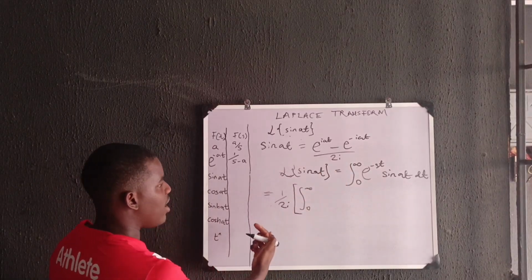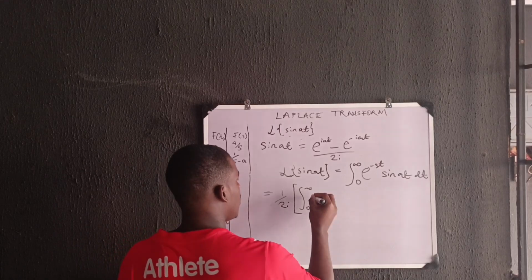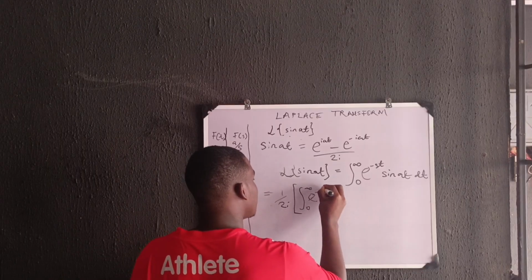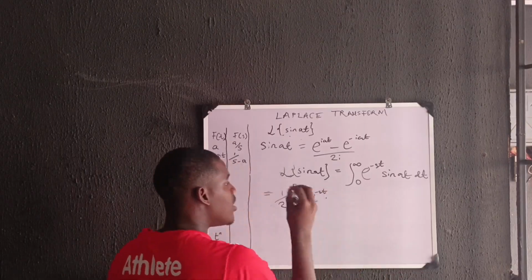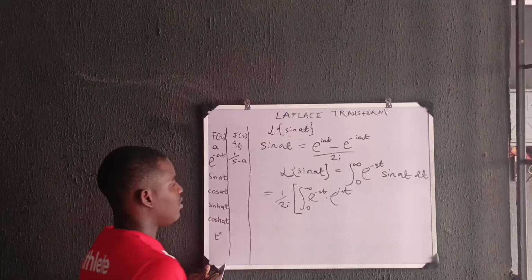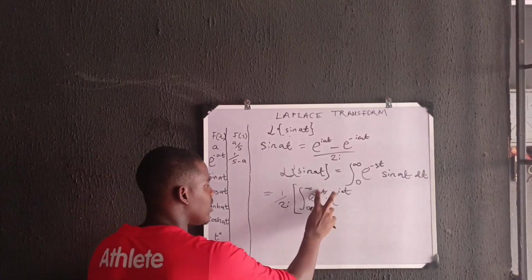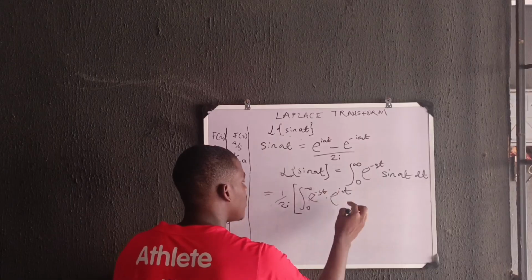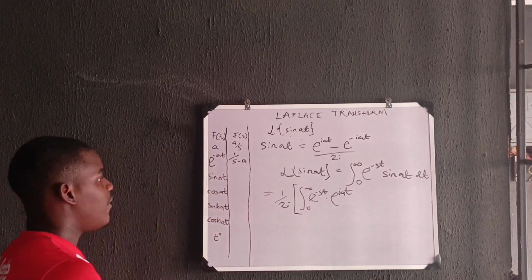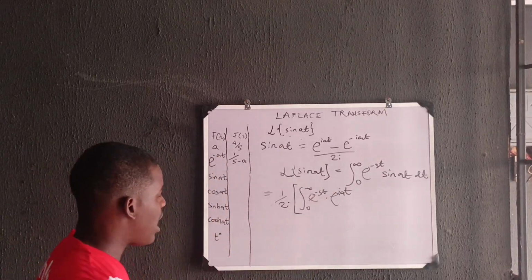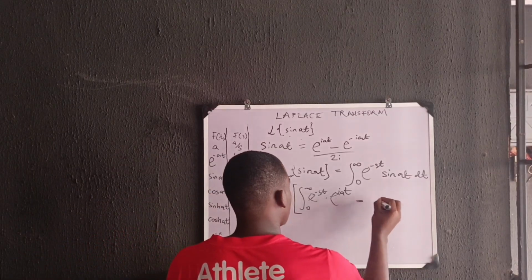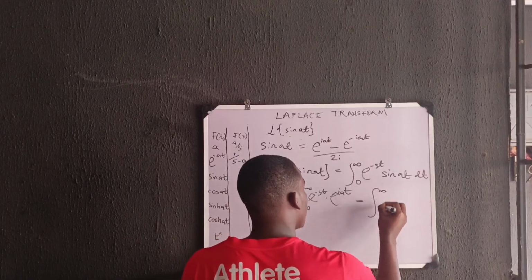I brought 1 over 2i outside. So I now have e to the power of minus st times e to the power of iat. I hope you're seeing what I'm writing. This is st and this is iat. Minus the integral from 0 to infinity.